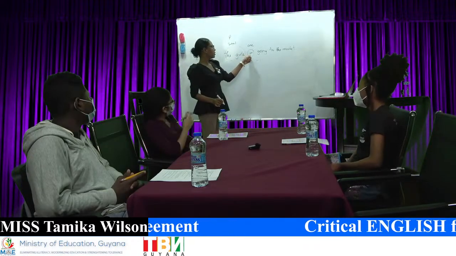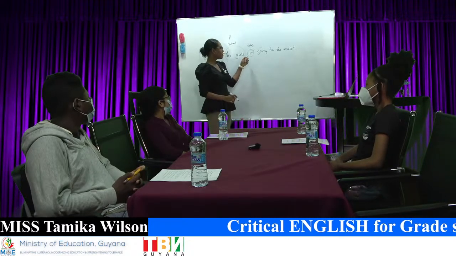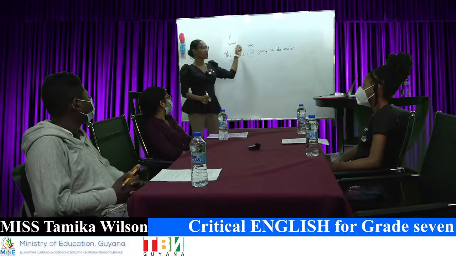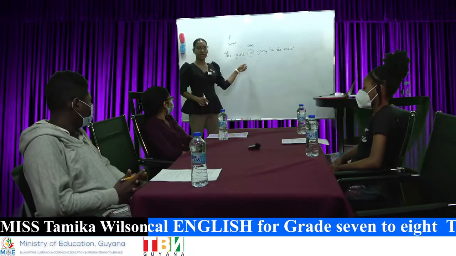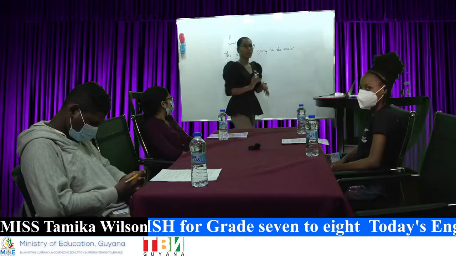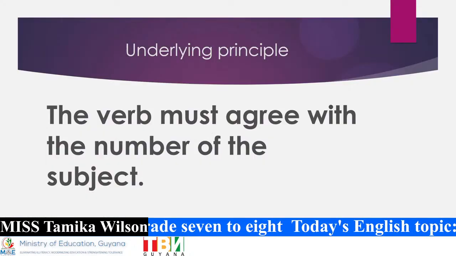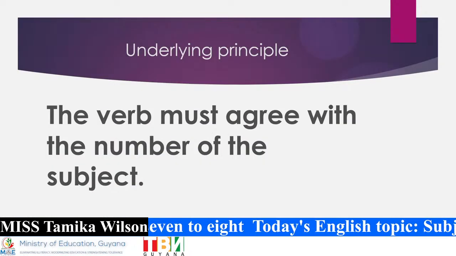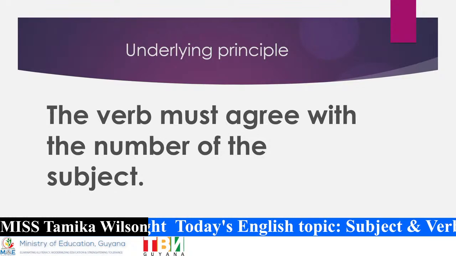And so when we look at the subject and the verb, we're going to start today's lesson by understanding the very underlying principle, as we put up for our viewing audience. The very first thing we want to remind ourselves is that the verb must agree with the subject in number.